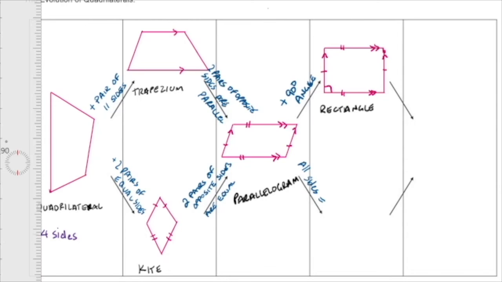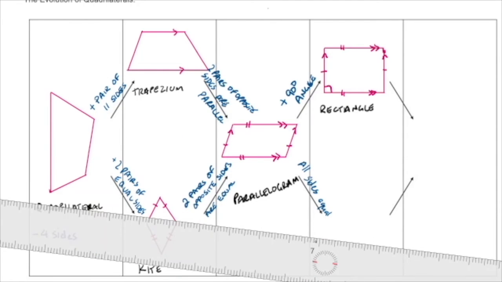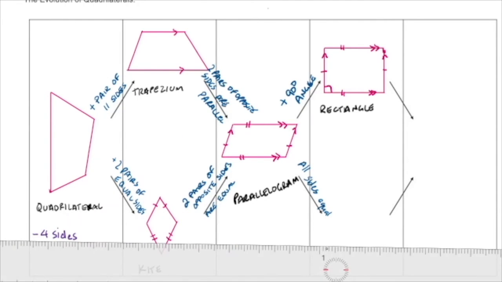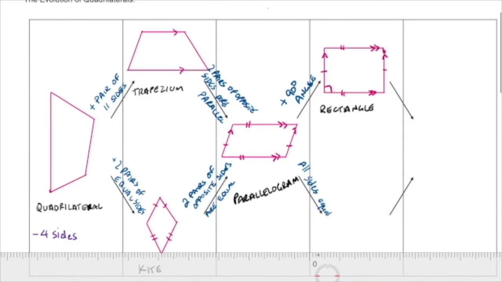Okay, so all sides are equal. I might just write the word equal there, might just be easier. Okay, so now that we've got all sides equal and parallel, we have a really, really cool shape. That if I get this right, will look exactly what we want it to look like.